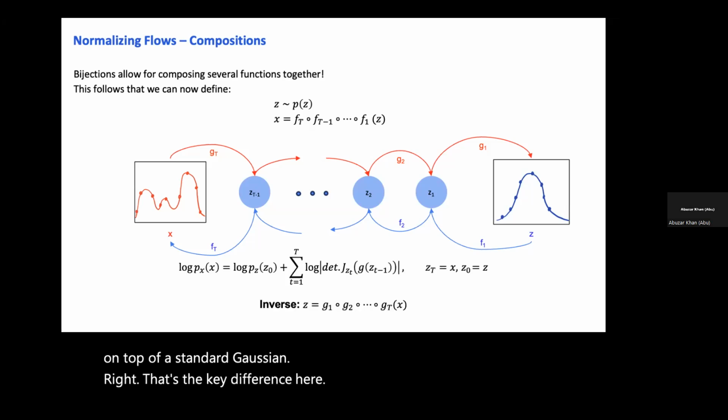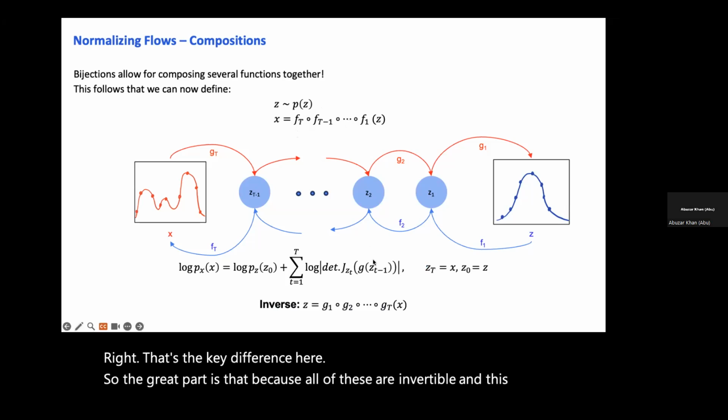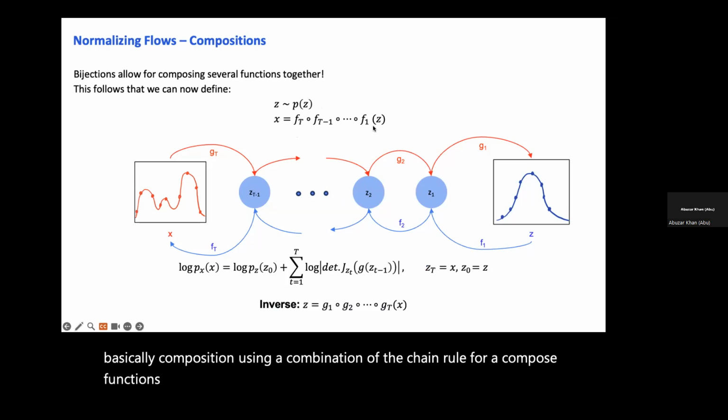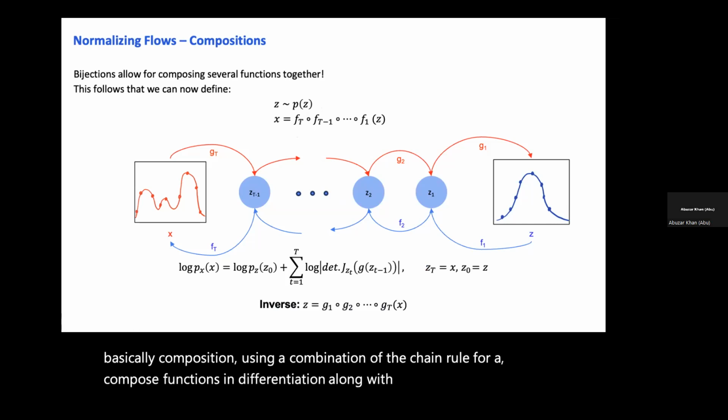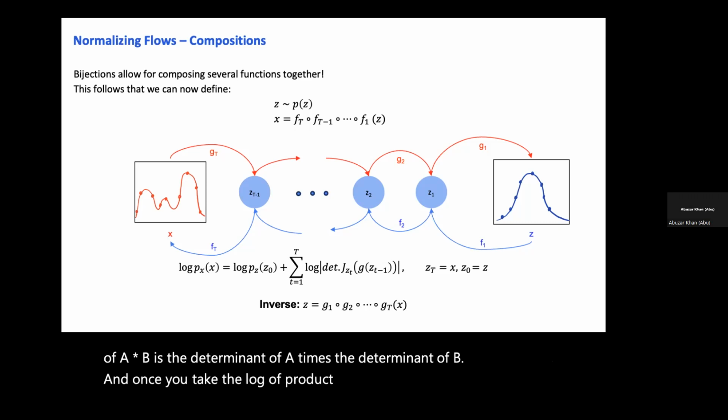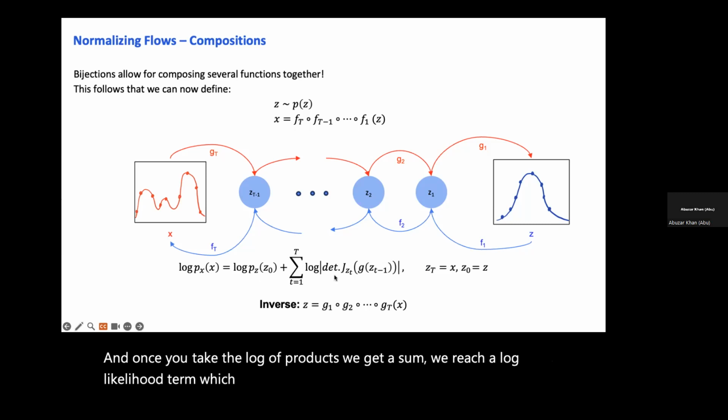The great part is that because all of these are invertible and this is basically a composition, we can use a combination of the chain rule for composed functions in differentiation, along with the fact that the determinant of A times B is the determinant of A times the determinant of B. Once you take the log of products, we get a sum. We reach a log likelihood term which looks like this term here.